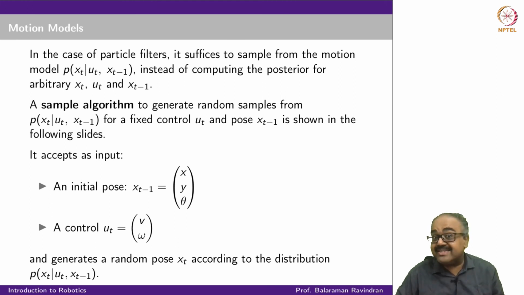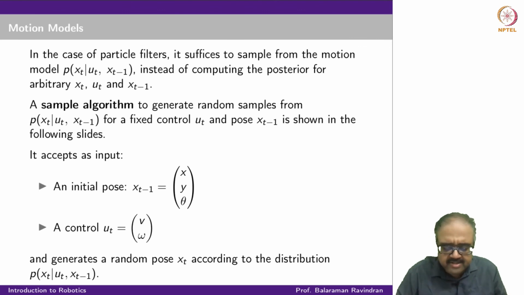Notice that we are going to make the same assumptions that we had for the previous model. What are the assumptions we had? We are going to assume that the velocity is actually v hat, and v hat is given by v plus some noise that is proportional to both the magnitude of the translational velocity and the magnitude of the angular velocity.